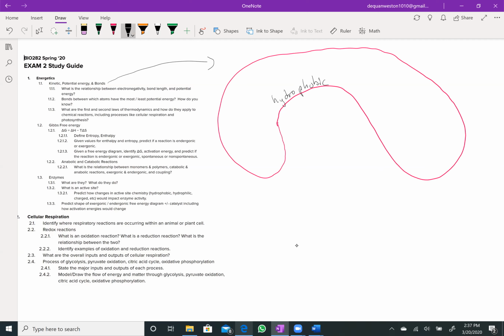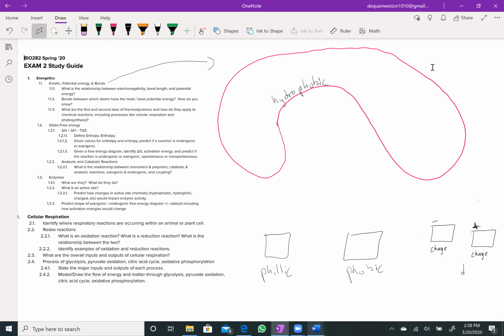So we'll say this is phobic, philic, charged, negative. I should have drawn that smaller. Cool. And then we have, this would be a charge positive. Positive sign.